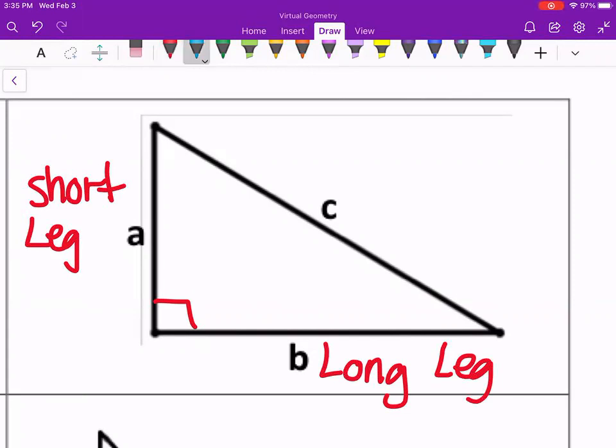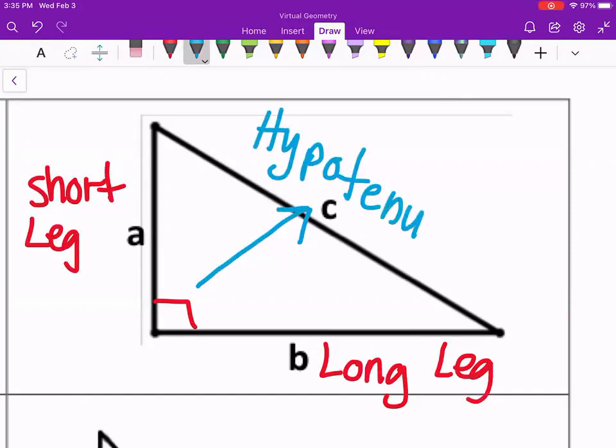And straight across from that 90 degrees is always the hypotenuse. In any kind of right triangle, that is always true.